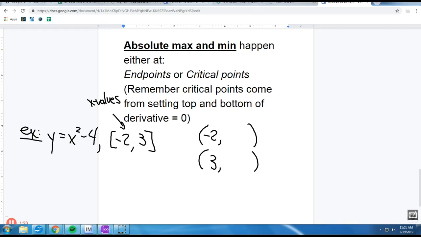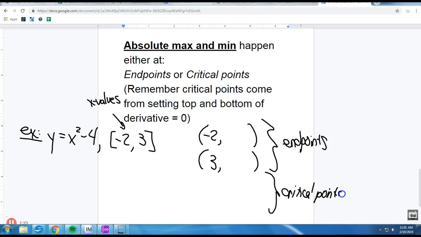But I also want to find critical points. And I want to include critical points in this list too. So I'm going to check endpoints. And then I'm going to see if there's any critical points. And sometimes there's none. Sometimes there's a couple. And at the end of all this, I'm just going to compare the y values. The biggest y value is the max. The smallest y value is the min.